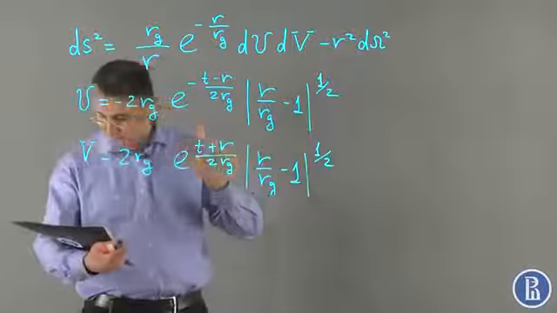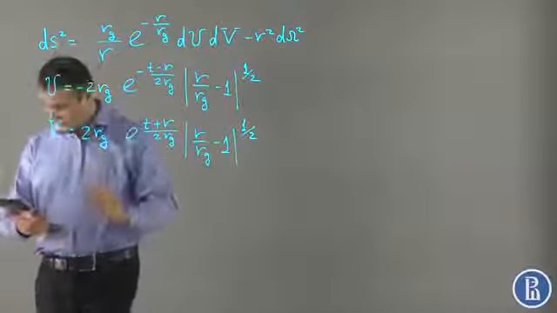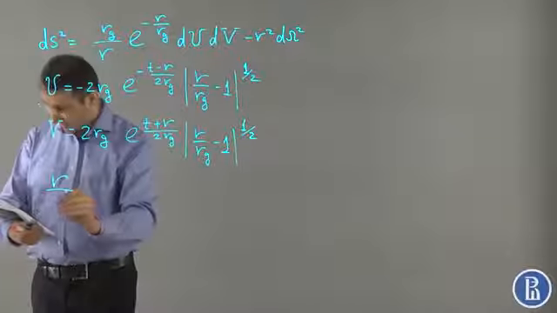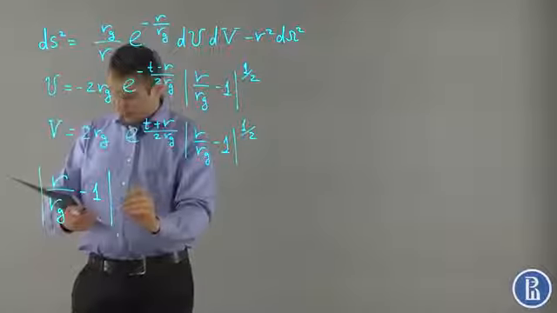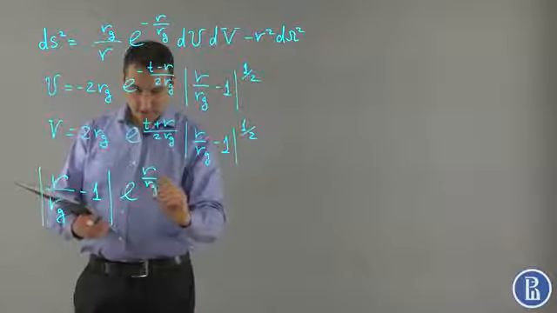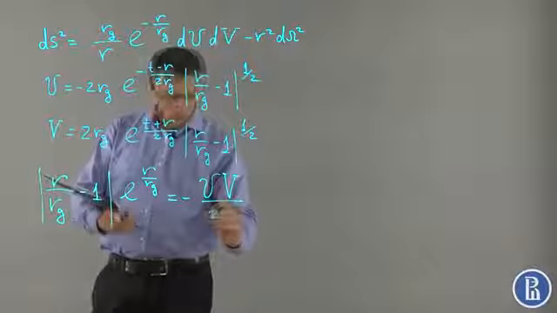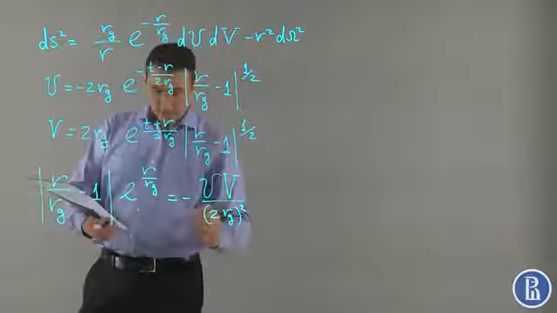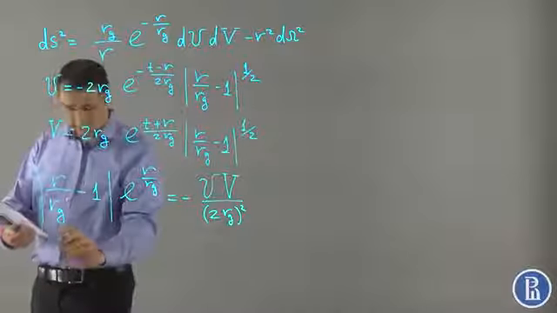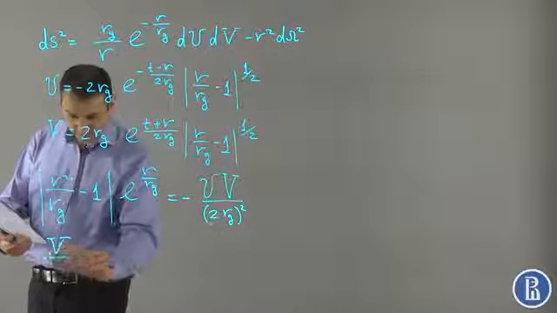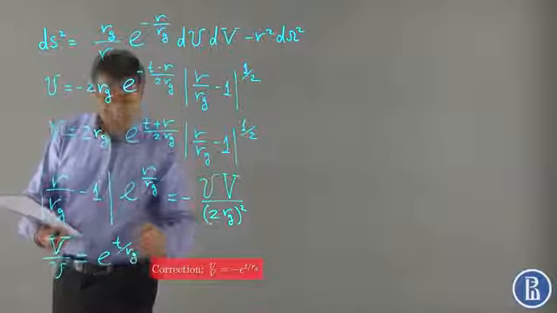Before doing that, let me remind you that if we multiply u by v, we obtain that (r divided by rg minus 1) exponent of r divided by rg is minus uv divided by 2rg squared. And if we divide v by u, v divided by u is exponent of t divided by rg.